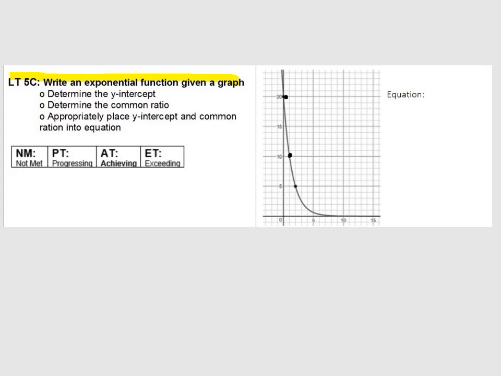Your y-axis is your up and down line on your graph. The number that is on the y-axis is 20. So your y-intercept is 20.